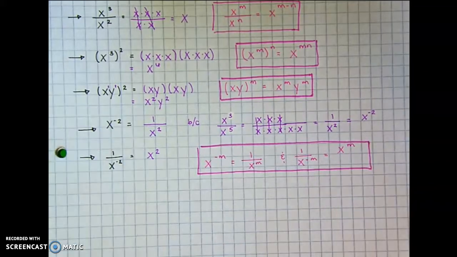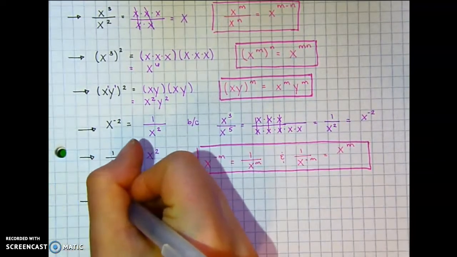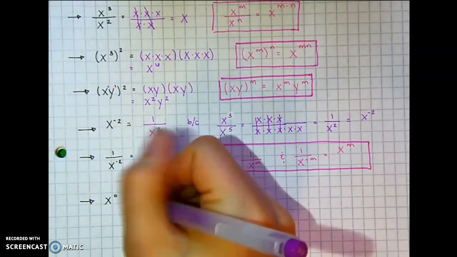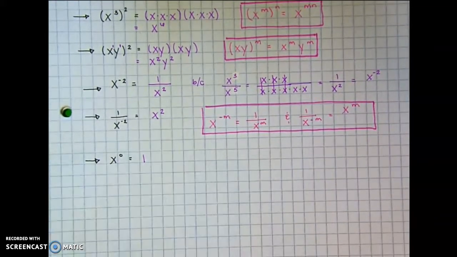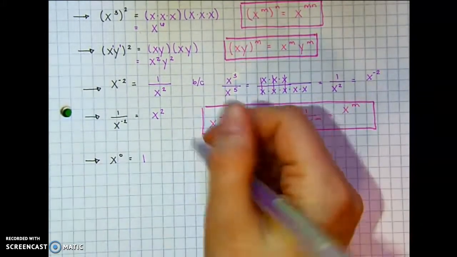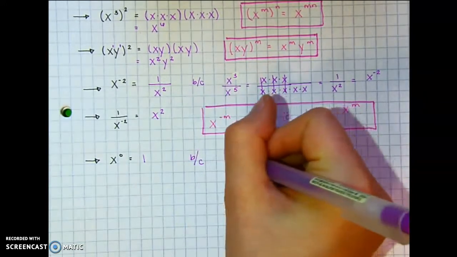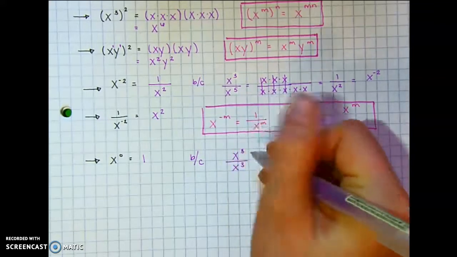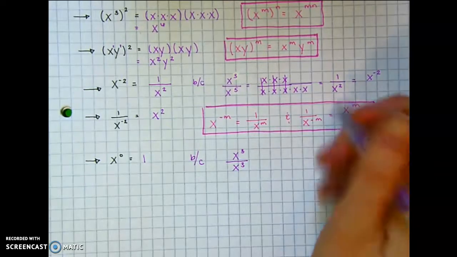Okay, and then the last one is x to the 0. And x to the 0 is always equal to 1, not 0. The reason for this is kind of like this, if we were to do division. If we had x cubed over x cubed, 3 minus 3 is 0, so this is the same as x to the 0.